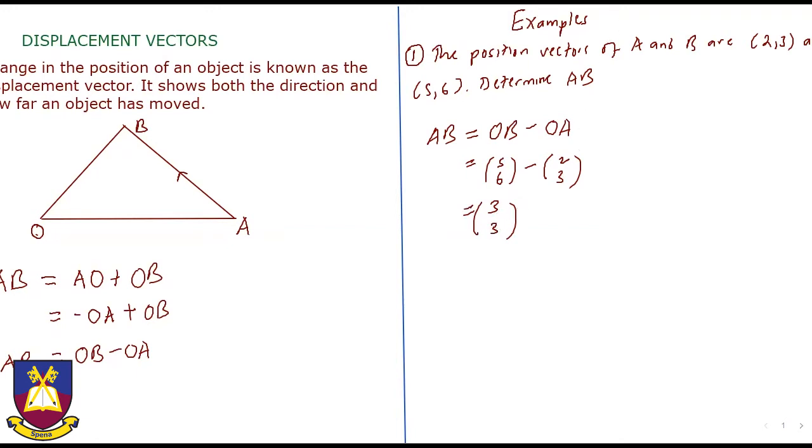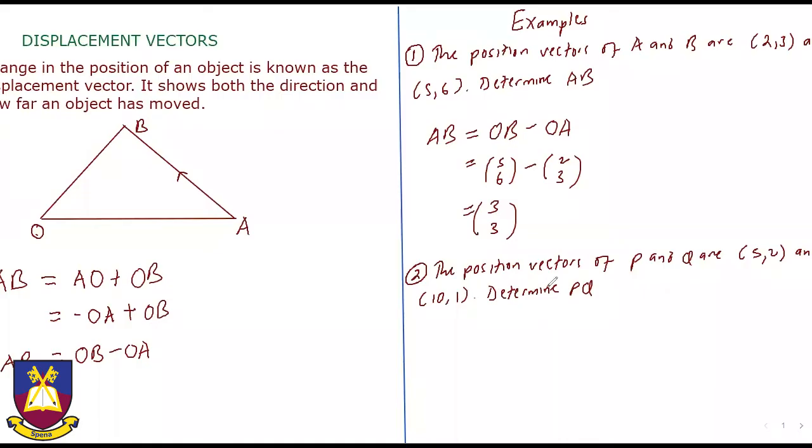Let's look at the next example. The position vectors of P and Q are (5, 2) and (10, 1). Determine PQ. So PQ will be, you look at the last letter Q, that's OQ, minus the first one, OP.